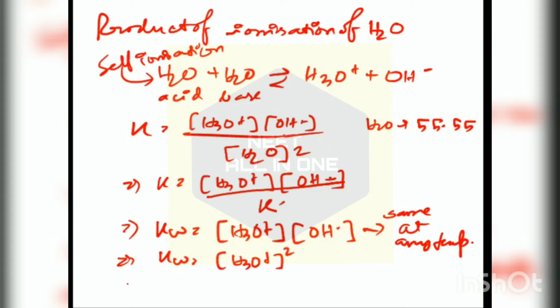From this, if we take log of it, that becomes the standard state of neutrality for any acid or base. So let's see that.